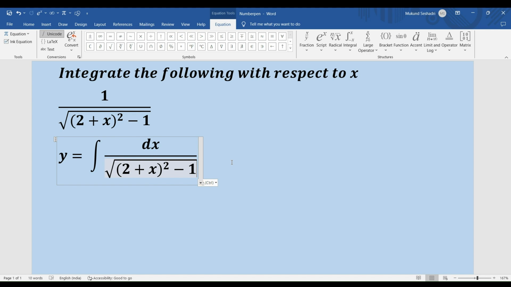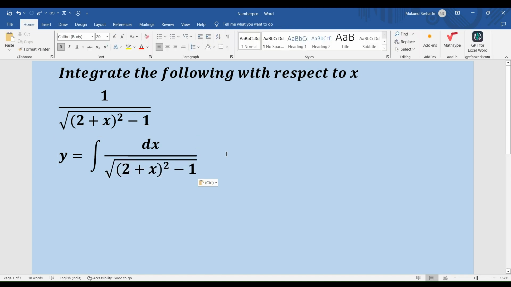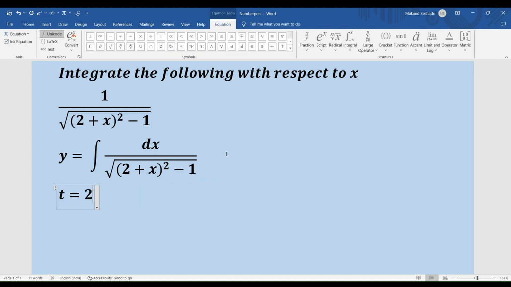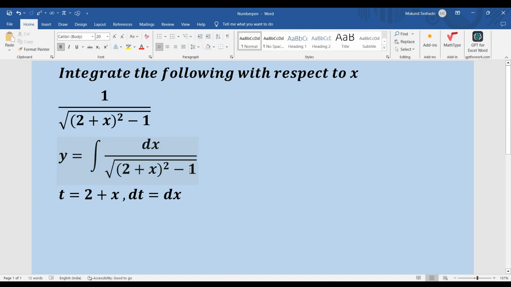So step one would be to make an appropriate substitution, and that substitution is not very difficult. t equals 2 plus x, so that I bring everything in the form of t. dt becomes equal to dx, right? And then I have a 1 out here inside my square root. My 1 is nothing but root 1 the whole square, which is again 1 square, so 1 square equals 1.